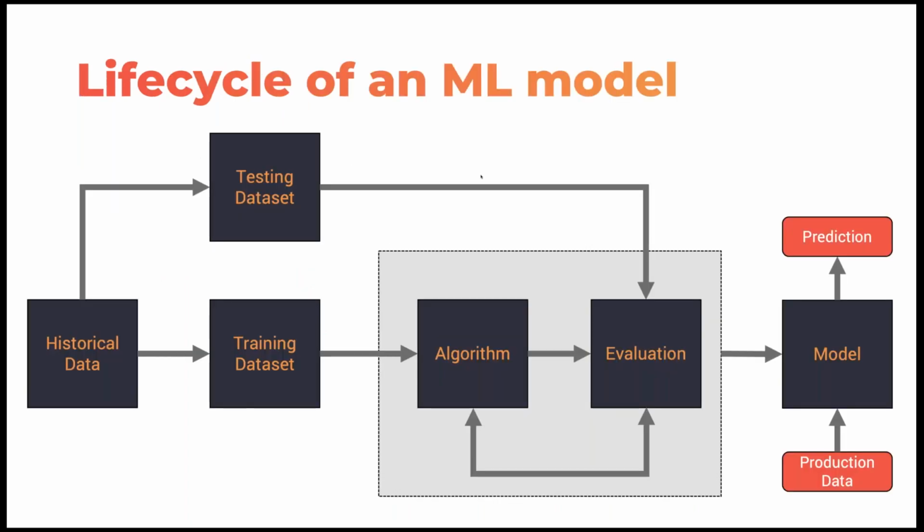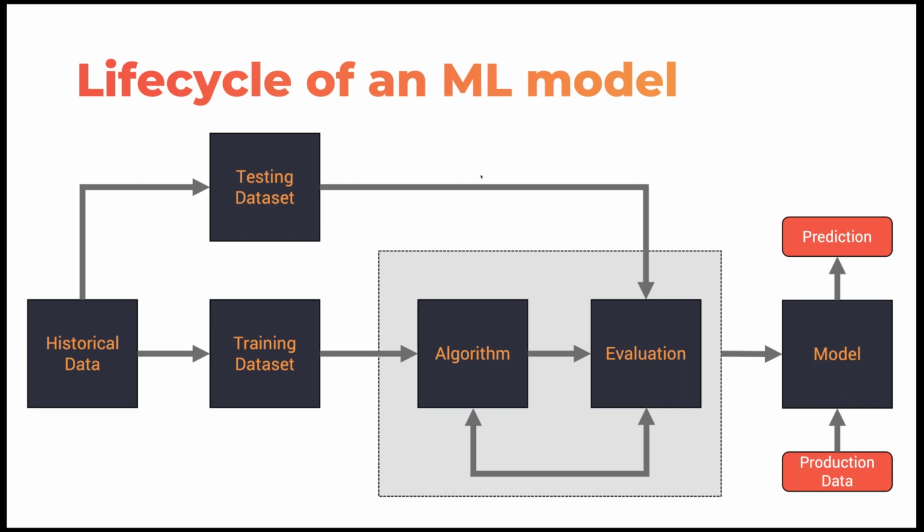Now, if you're not familiar with machine learning, basically every ML model has two lives. The first life is where it gets trained. We take historical data, split it into training and testing data sets, choose an algorithm, apply it to the training data set, and test the predictions against the test data set.